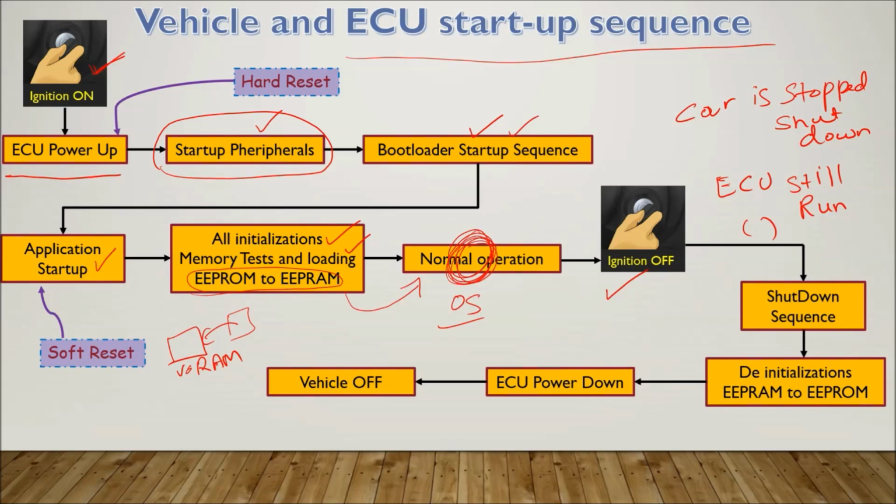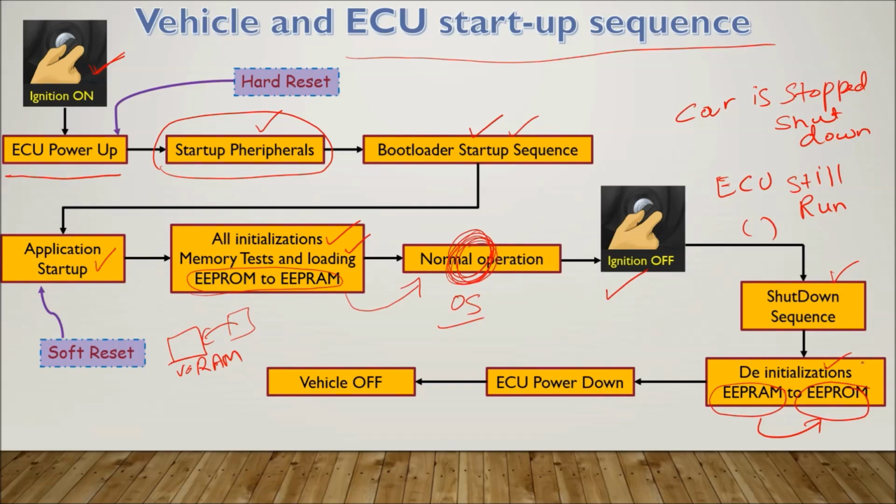In that time, what happens? The shutdown sequence will be running. All the deinitialization of the processes happens, and unwanted data which has been stored will be cleared. The values which are there in the RAM, from that, the important parts which are configured to be stored in flash or EEPROM, that storing will happen.